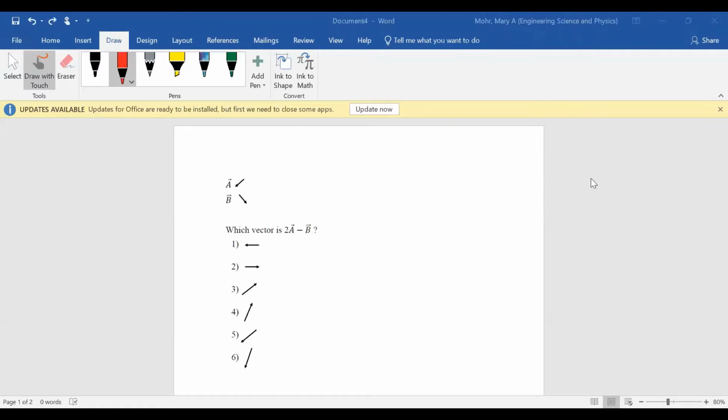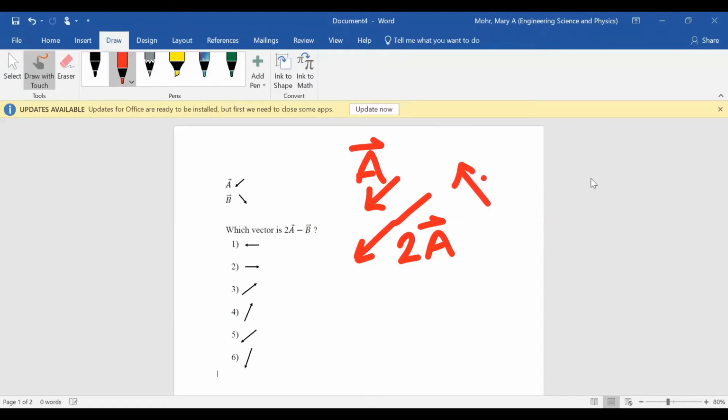So I'm going to make this bigger when I draw it, but I'll keep the scale the same. Okay, so let's say this vector is a. Then 2a would be twice as long. So this is 2a. And vector b, you can just say you multiply it by -1. So b and a should have the same length. If this is b, negative b is just pointing in the opposite direction.